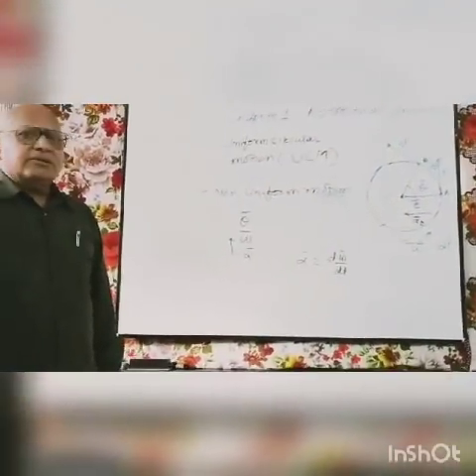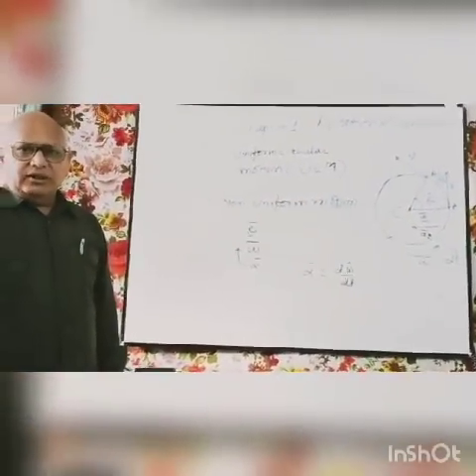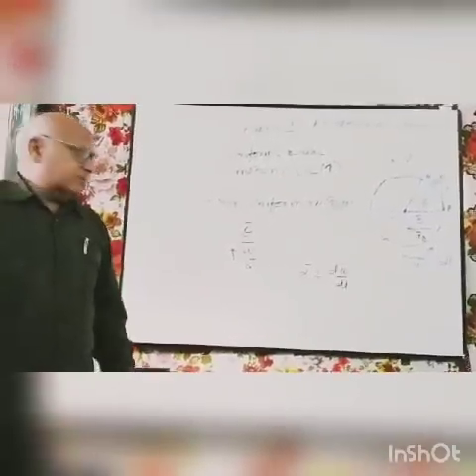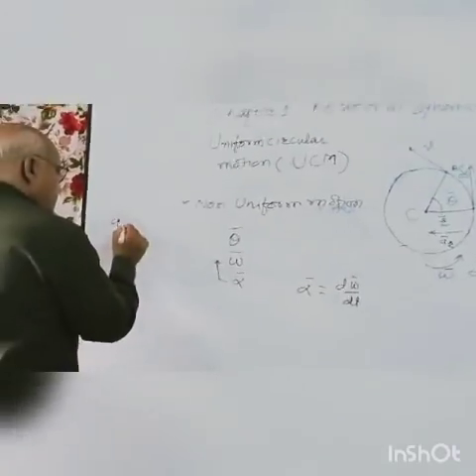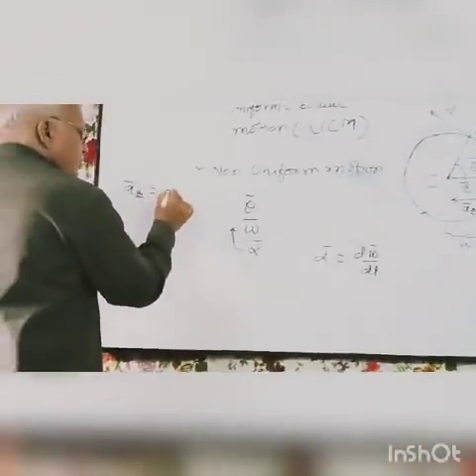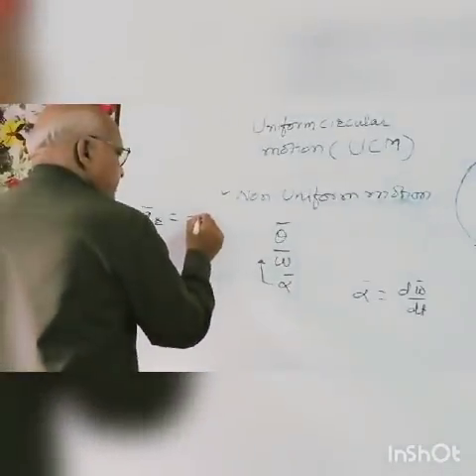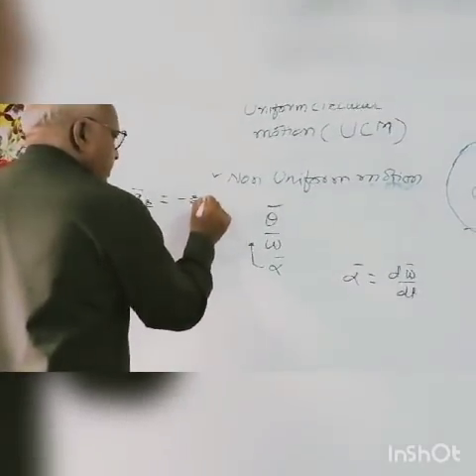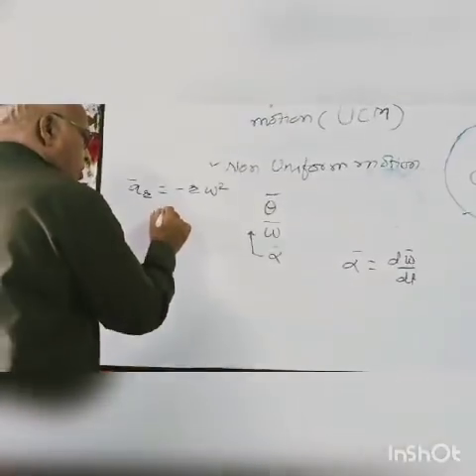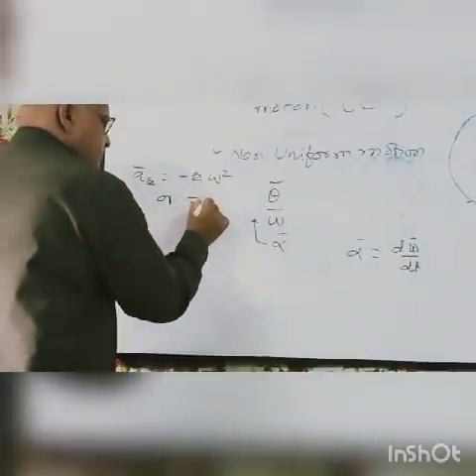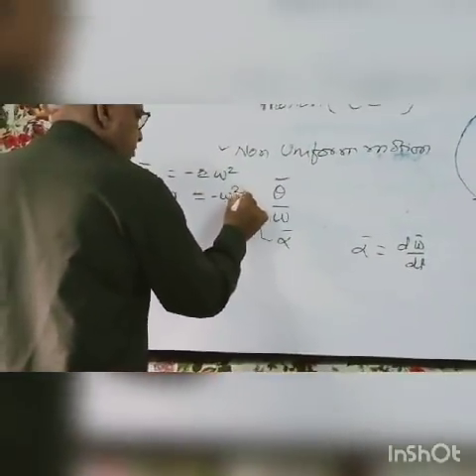The centripetal acceleration is given by a_R equal to minus r omega square, or minus omega square r.